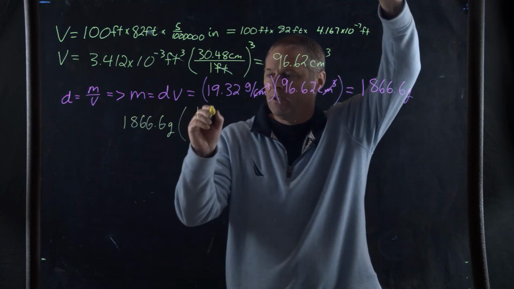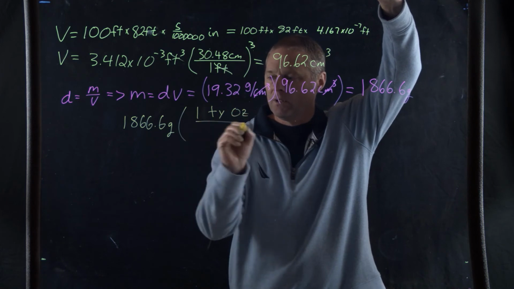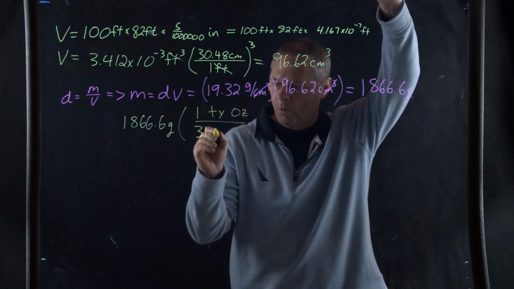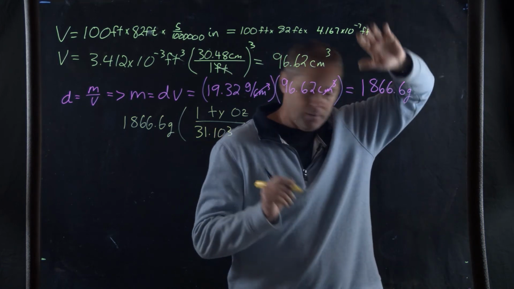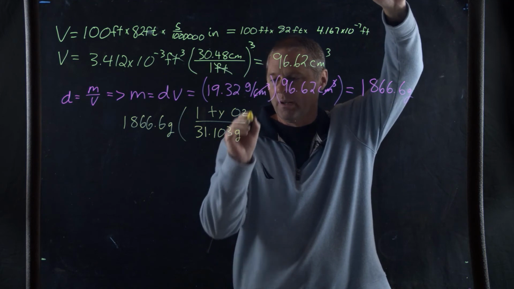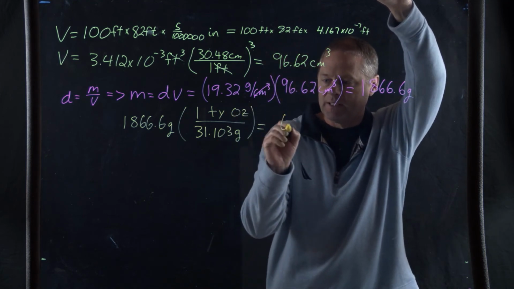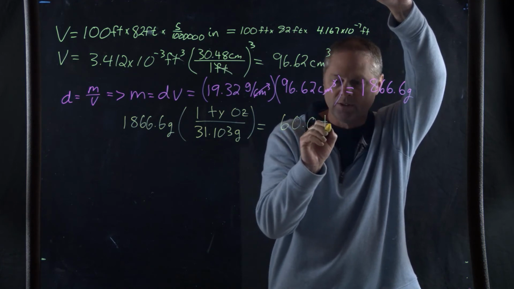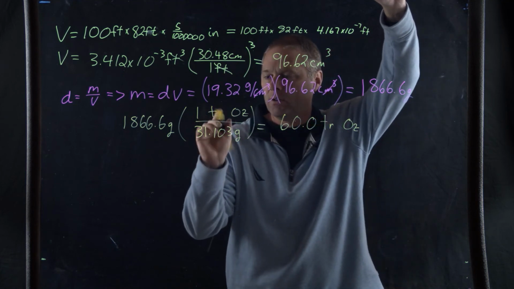And so 1 troy ounce is equal to 31.103 grams. I kind of rounded this up. I didn't want to keep track of all the units. So we can find out that this comes out to be 60.0 troy ounces.